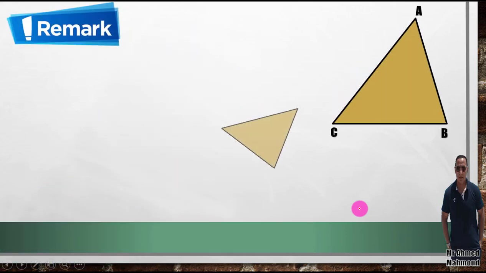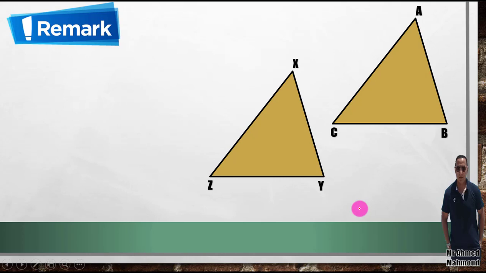Now I have two very important remarks. If we have two triangles like this, in which angle B equal to angle Y and angle C equal to angle Z, so I can guess that angle A equal to angle X directly. How come?